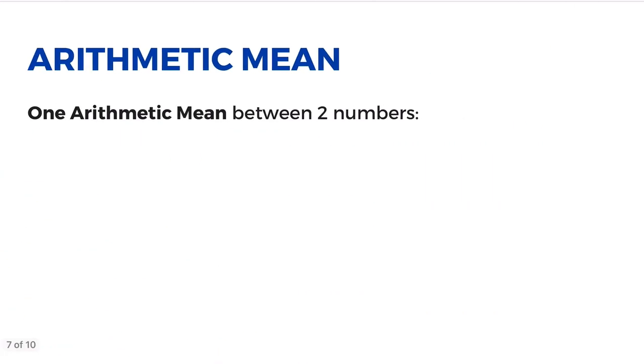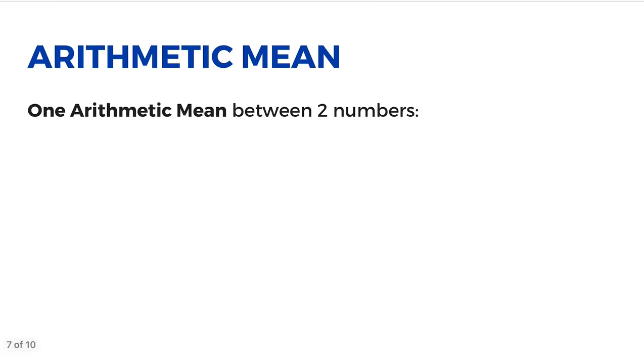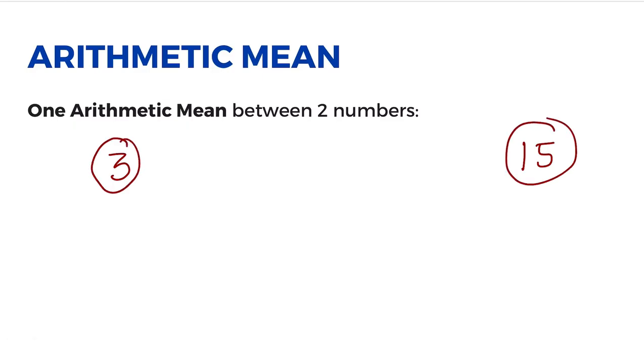Correct? Now moving on. What is an arithmetic mean? This is going to be the last section of this video. So suppose there are two numbers, let's say 3 and 15. I have just taken two numbers randomly. They are asking me, insert one arithmetic mean between these two numbers.